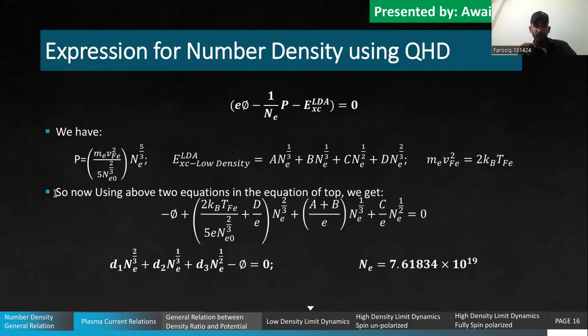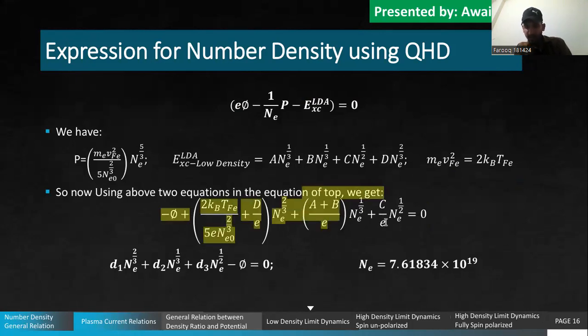Now when we use the above relations in this equation, what happens? We get this equation here, and we simply divide by E. Now we came to know that these all are constants.